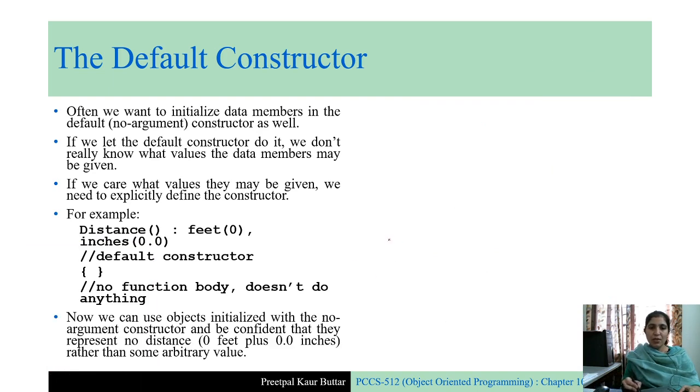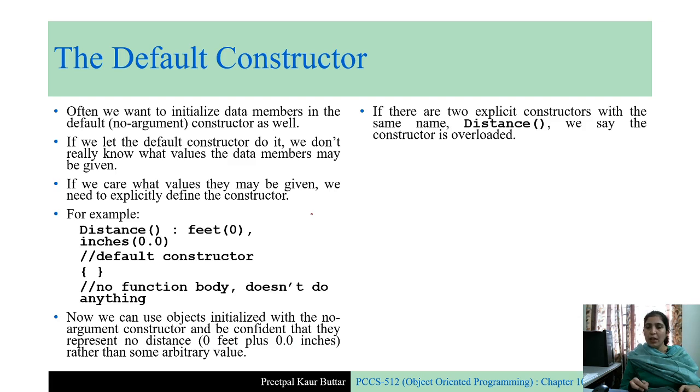Now we can use the objects initialized by the no-argument constructor and be confident that they represent no distance. No distance means they are always initialized to 0 feet and 0.0 inches rather than some arbitrary value. If there are two explicit constructors with the same name, then we say that the constructor is overloaded.